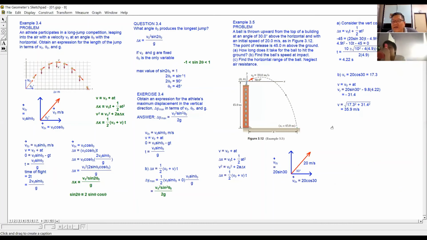The last part is what? Find the horizontal range of the ball. The horizontal range of the ball is this length here, the x here.